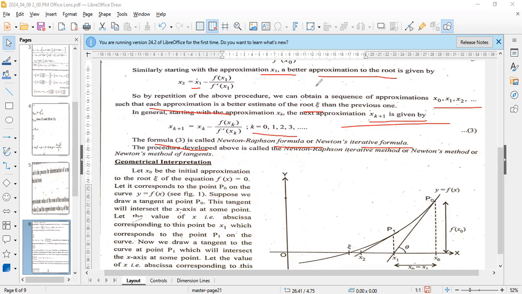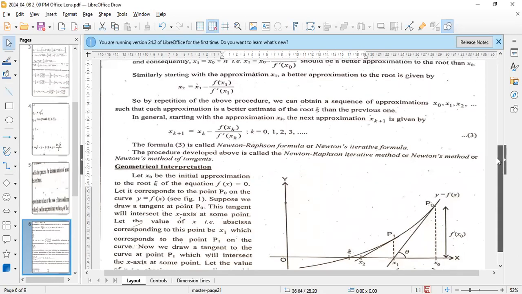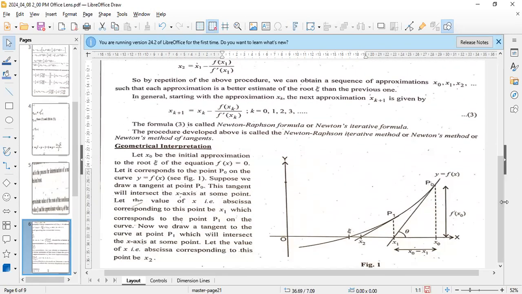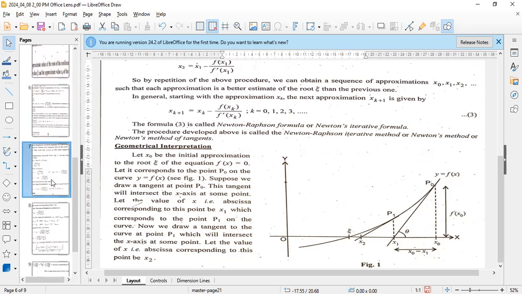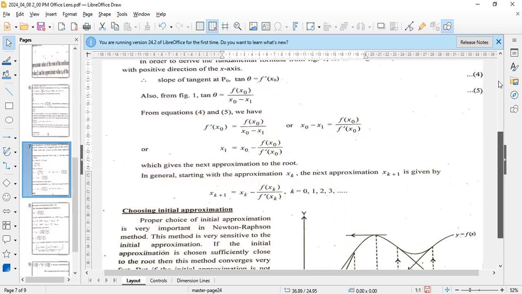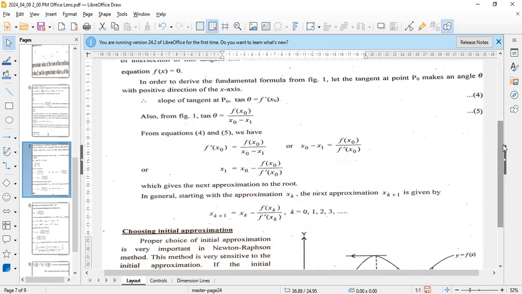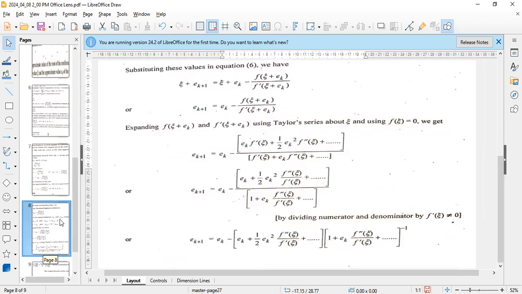After that, we have the geometrical interpretation. You can see this is the proof and geometrical interpretation. This you can do yourself.